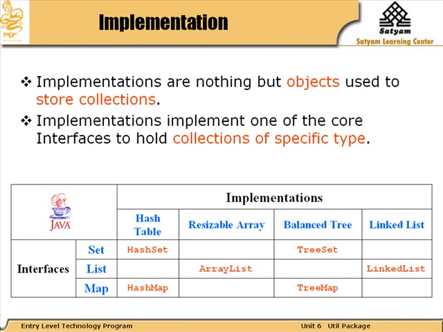Further, the map interface is implemented by the HashMap and TreeMap. As discussed, a map enables you to map a given key object to a given value object, where key object refers to a unique object. A balanced tree is formed on the key objects of the TreeMap.